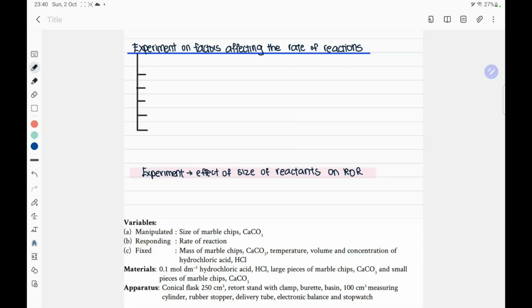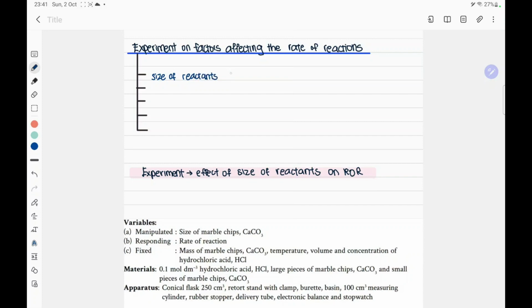Before I proceed with the experiment, I would like to recap what we have learned in the previous video. We have 5 factors that affect the rate of reaction. The first one is the size of reactants.